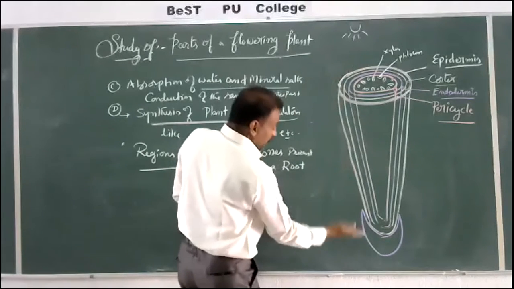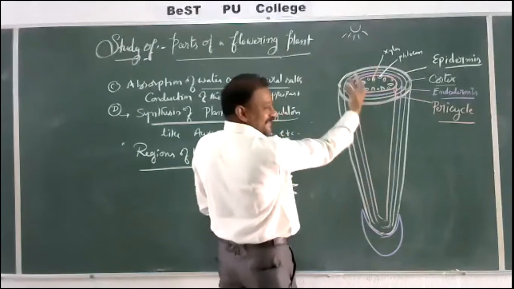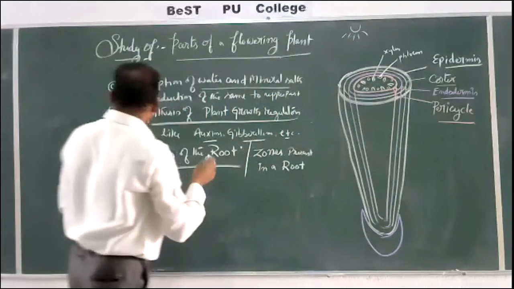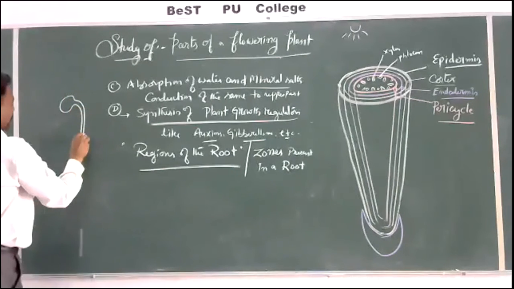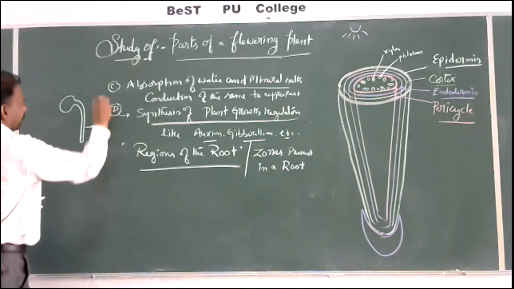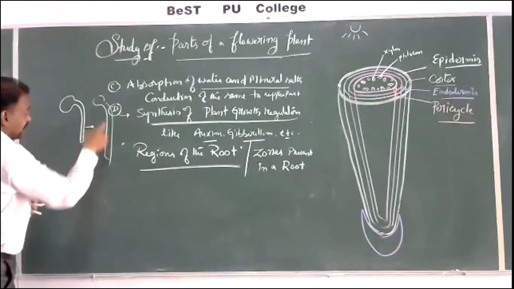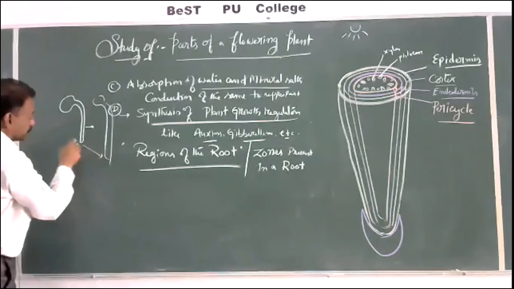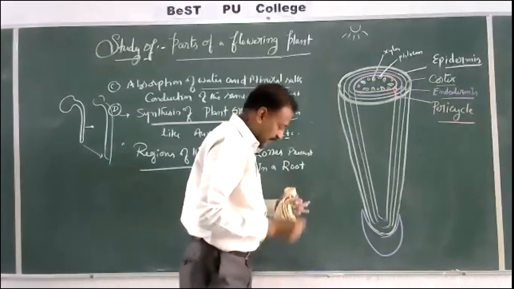Here we are going to study from the tip, because the root is growing like this, it is not growing like this. Root is always growing here, and again it will grow. So the region where it is growing, from here it is growing like this. We have taken a root here.